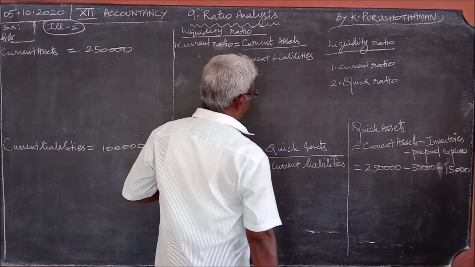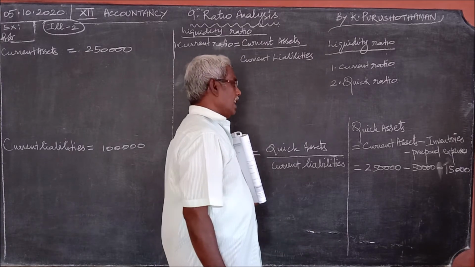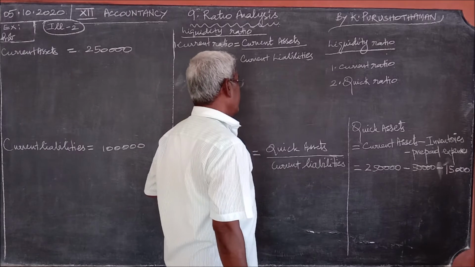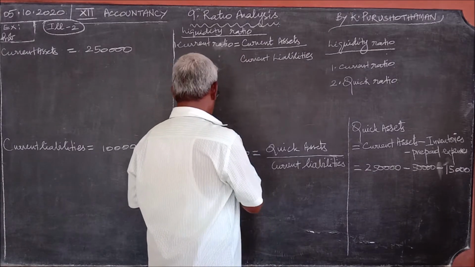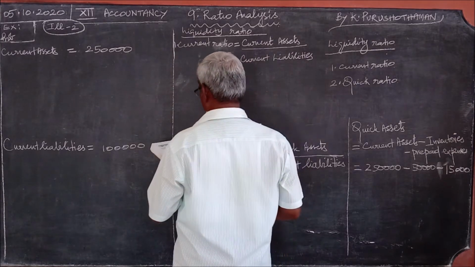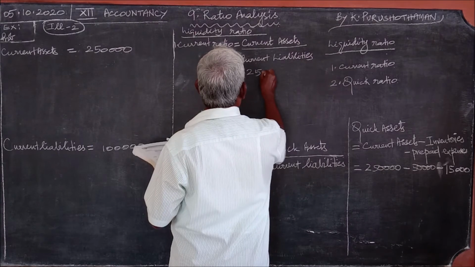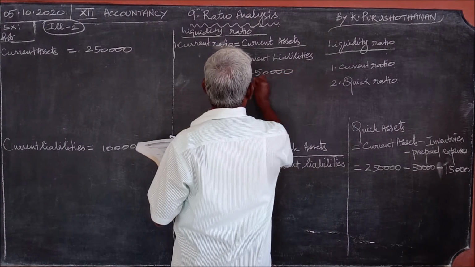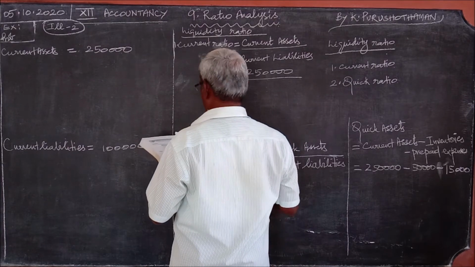But here what happens? The assets are not separately given. Current assets are given as it is, current assets, and by current liabilities. What are the current assets? 2,50,000 by current liabilities 1 lakh.